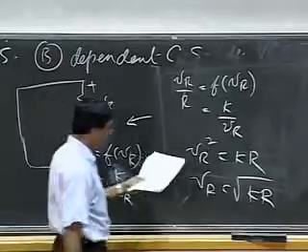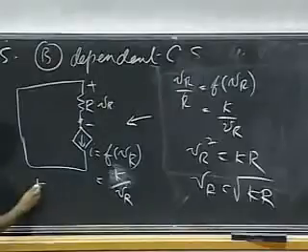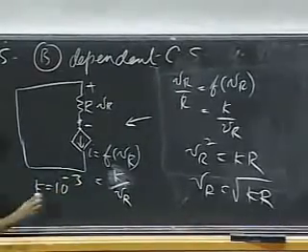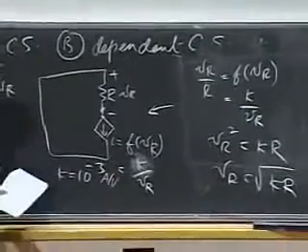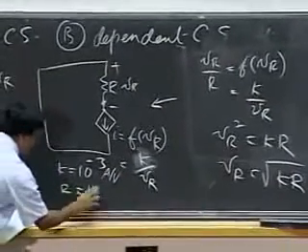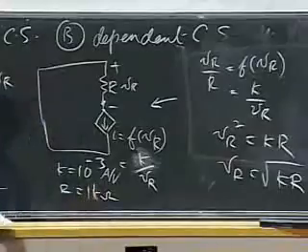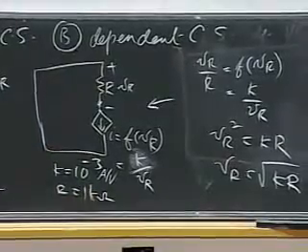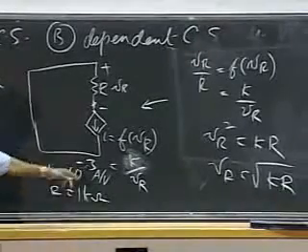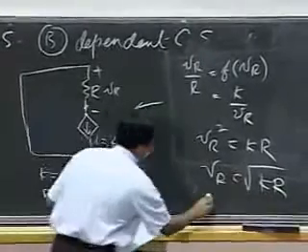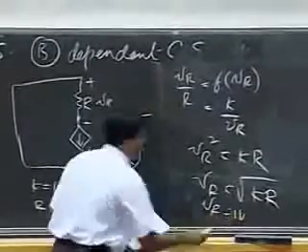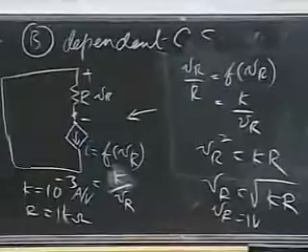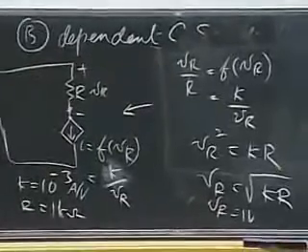So, to plug in some numbers, supposing K was 10 to the minus 3 amperes per volt, and R was 1 kilo ohm, then I can plug the numbers in, and the kilo here cancels with the 10 to the minus 3, and I get VR equals 1 volt. Okay, this simply says if I build a circuit like this, then this voltage here will be 1 volt.